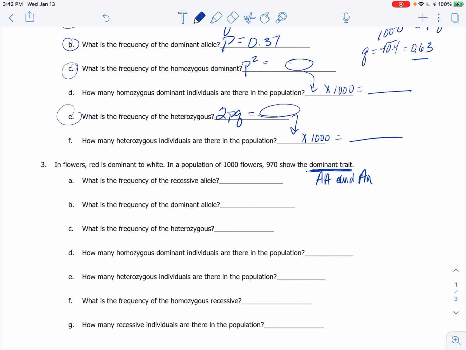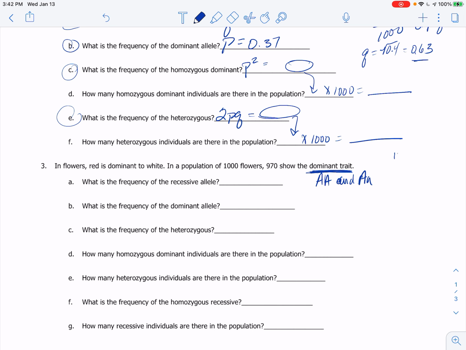So we're going to first need to take our 1,000 flowers minus 970. And so we've got our 30 recessive. And we want to start with that because we know that that's going to be little a, which is going to be your Q squared. Okay, and from there you can now go and answer these questions.